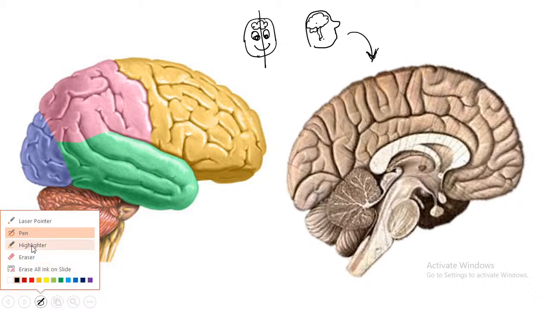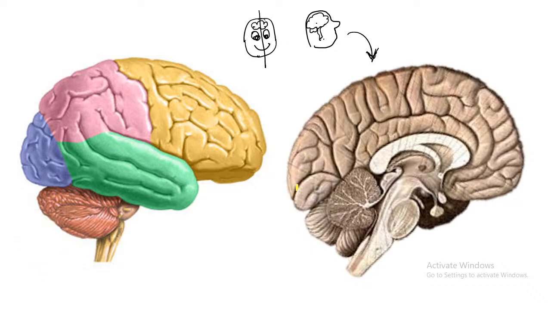If I try to highlight this part of the brain, can you name this part of the brain as we discussed just now? Can you tell me the name of this part? I think you are able to see the highlighter. This part of the brain.